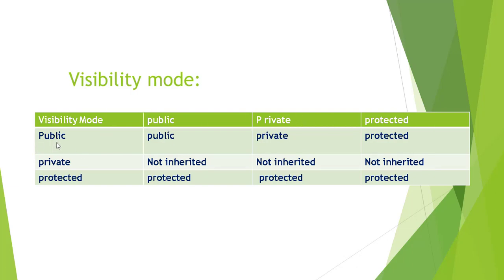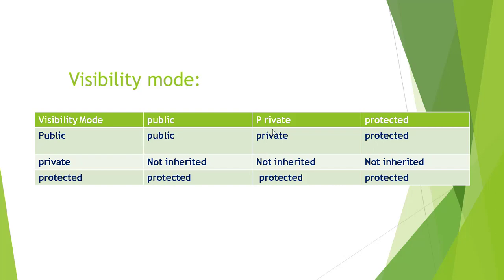In case of public inheritance, the public members of the base class will become public in the derived class. The private members cannot be inherited by the derived class and the protected members will stay protected. In case of private inheritance, the public members of the base class will become private members of the derived class, the private members are not inherited, and the protected members will stay protected.